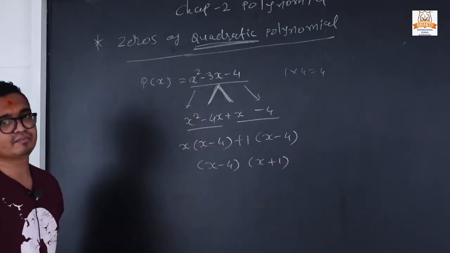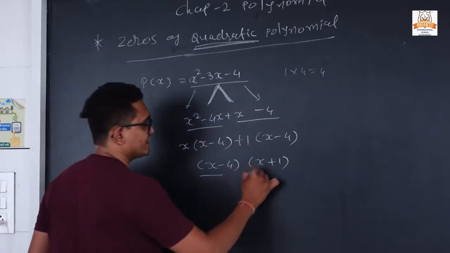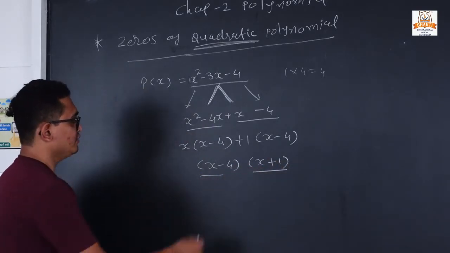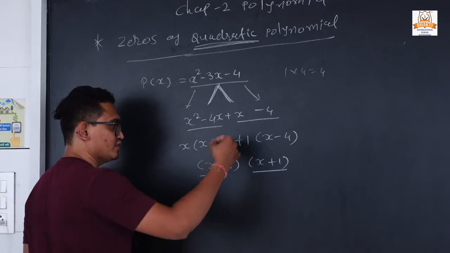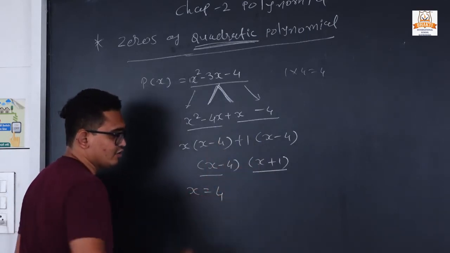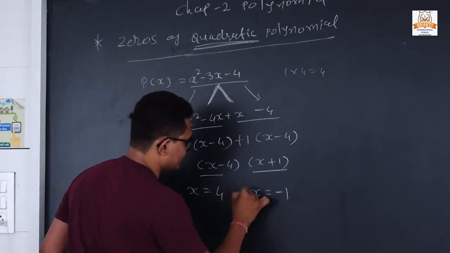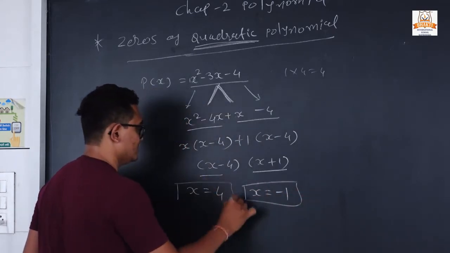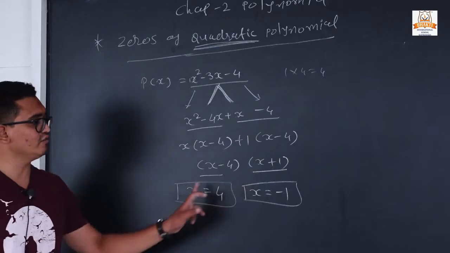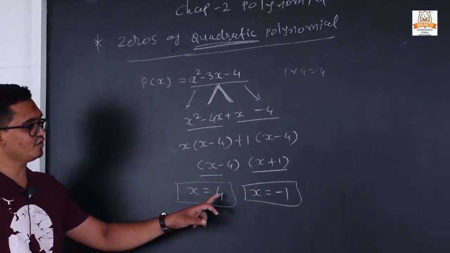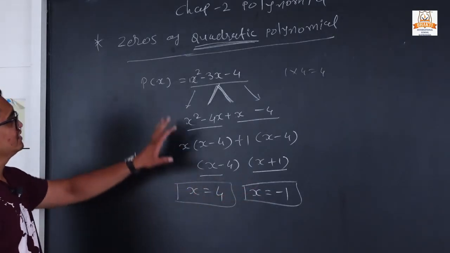So it means this polynomial has two zeros. What are the values? The x minus 4 going to the other side, x is equal to plus 4, and the x plus 1 going to the other side gives x is equal to minus 1. So actually we have two values, 4 and minus 1.